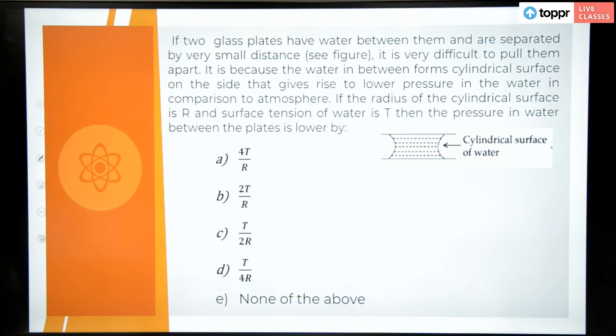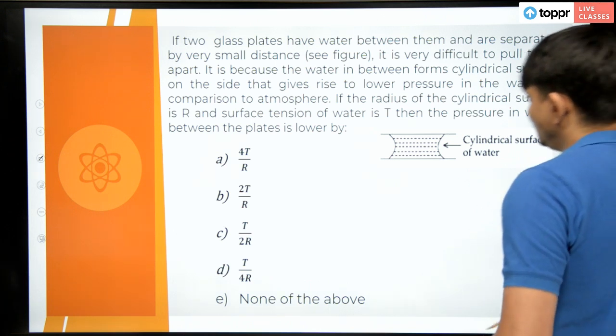It is because the water in between forms a cylindrical surface on each side that gives rise to lower pressure on the water in comparison to the atmosphere. If the radius of the cylindrical surface is r and the surface tension of water is T, then the pressure in the water between the plates is lower by.